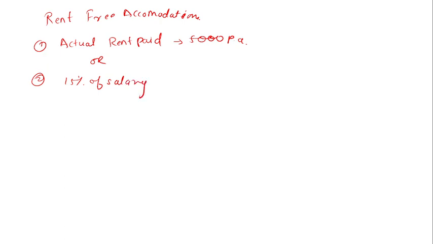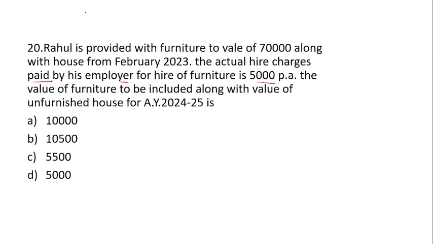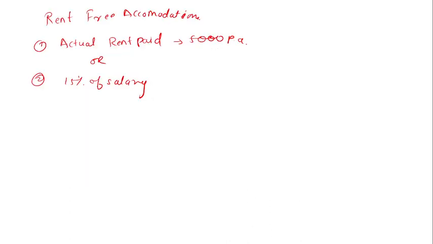In this question, no information is given about how much salary Rahul gets. We don't know Rahul's salary, so we are unable to calculate 15% of the salary. And the third condition is about the population.